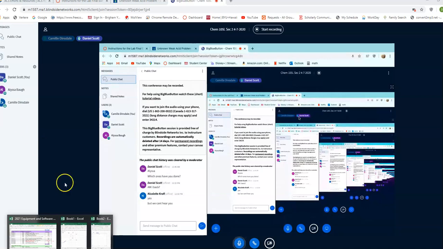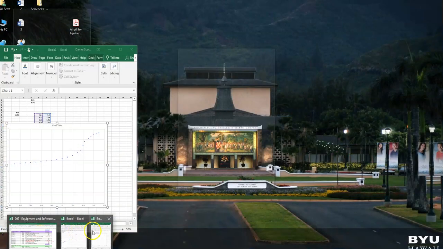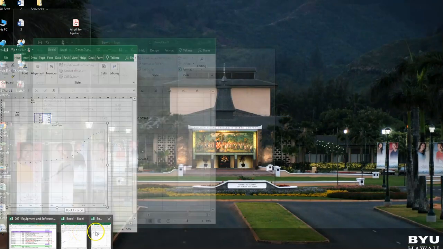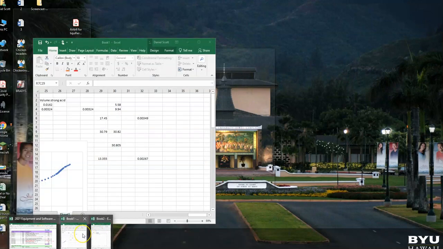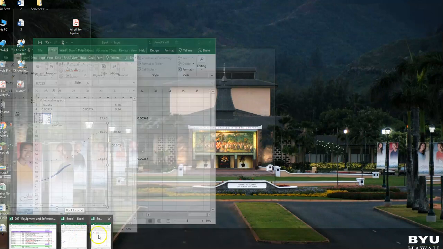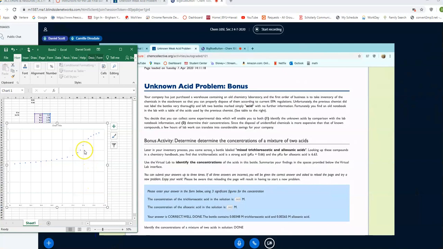All right. So what was the solution there? What did we use again? 17.45, I think. Yeah, so to me, that's a little bit past the midpoint.